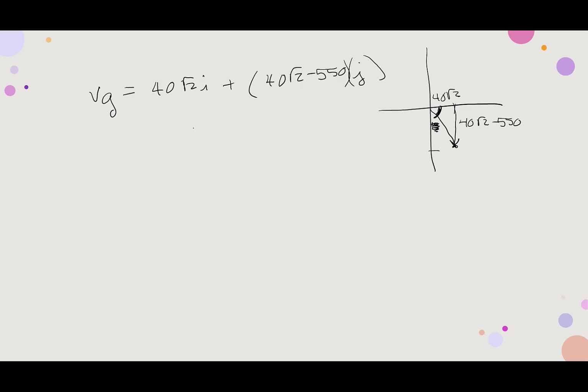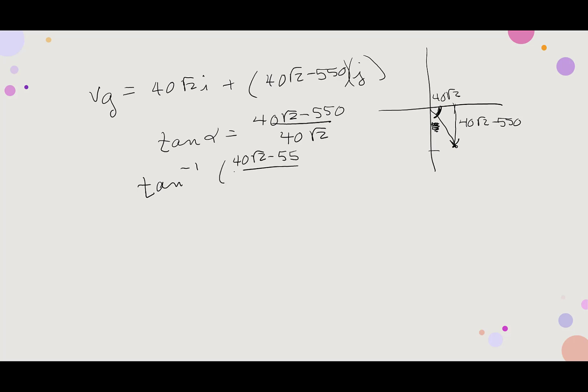Okay, so we're going to have tangent of alpha equal to 40 square root of 2 minus 550 over 40 square root of 2. So you're putting in the calculator, you're doing tangent inverse of 40 square root of 2 minus 550 over 40 square root of 2.